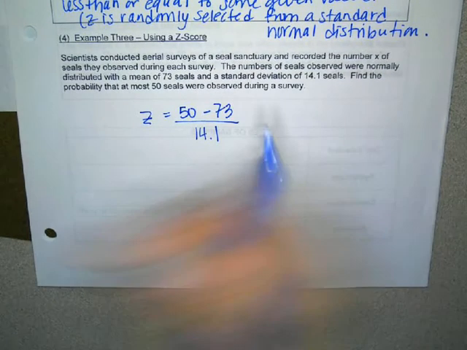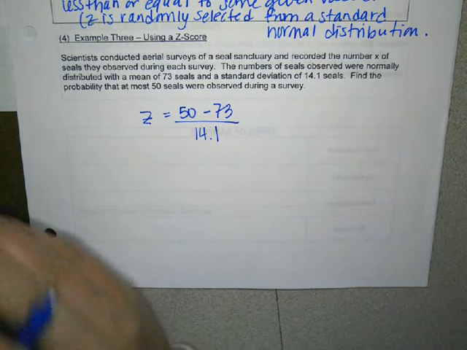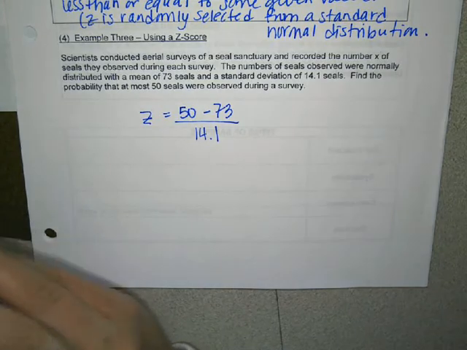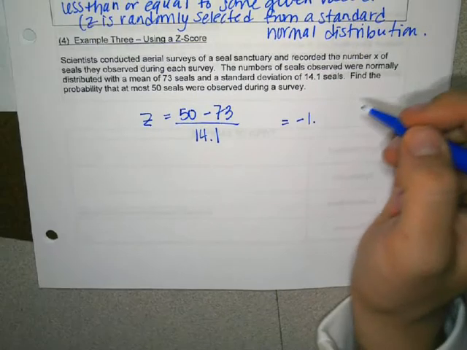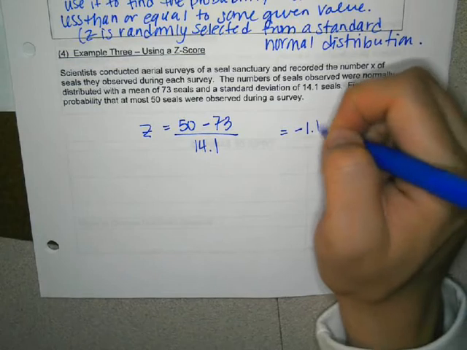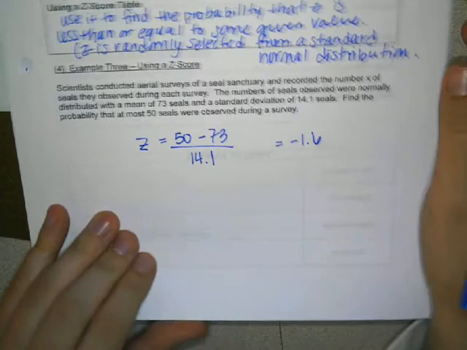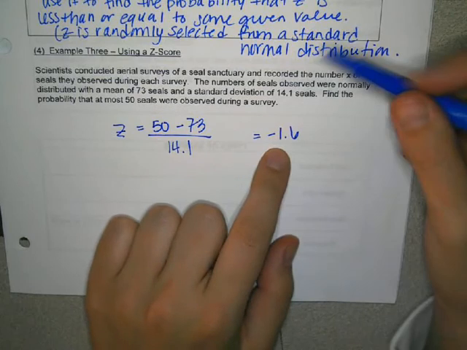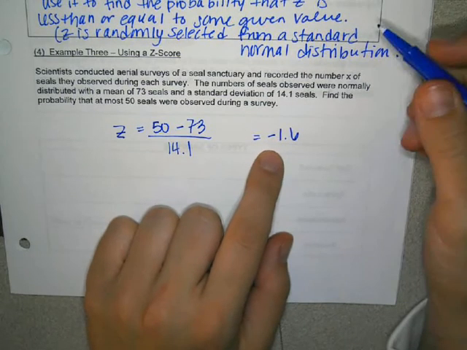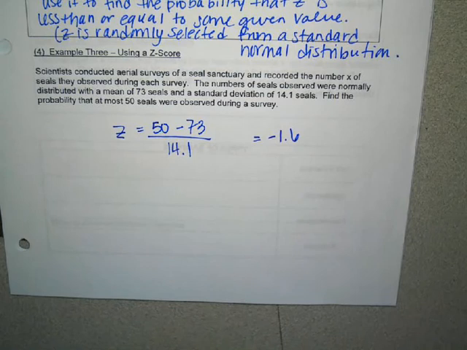So we get 50 minus 73 divided by 14.1, and you get a z-score of negative 1.6-ish. So that's telling me that I'm almost 2 whole standard deviations from the mean, to the left of the mean.